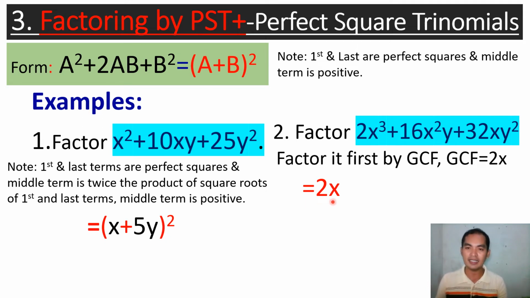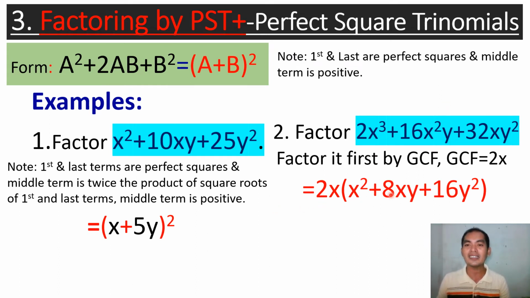So 2x is one of the factors and the other is, lagyan mo na ng parenthesis, 2x cubed divided by 2x is x squared. 16x squared y divided by 2x is 8xy. 32xy squared divided by 2x is 16y squared. So ito na yung factored form nito.